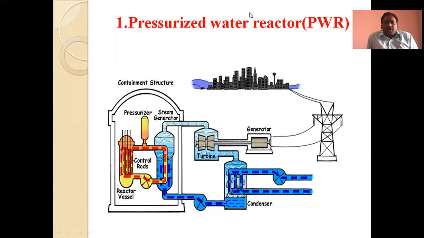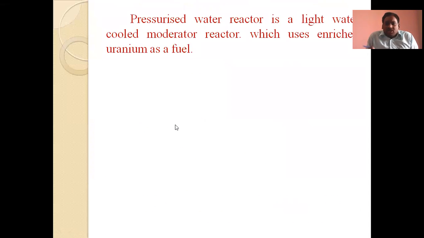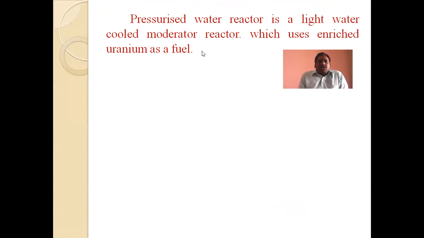It is called a pressurized water reactor because the reactor vessel is at high pressure, and water is the coolant. The pressurized water reactor is a light water cooled and moderated reactor, meaning light water is the coolant as well as the moderator.